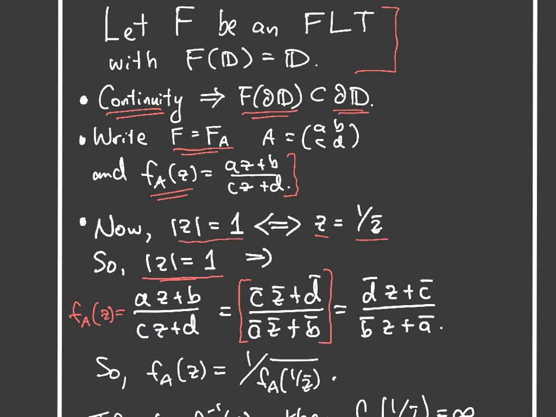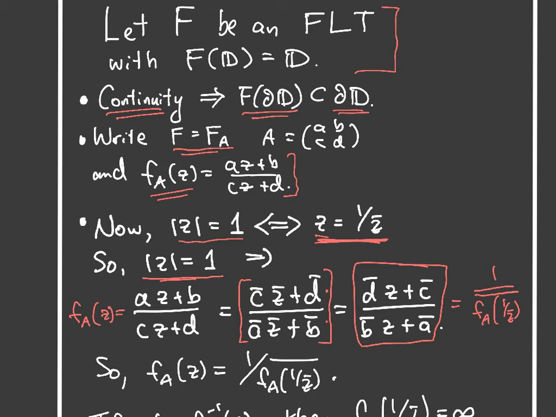But if z is on the unit circle, then we have this property, so I can multiply through the top and bottom by z to get that it's of this form. And this is actually equal to 1 over the conjugate of f of 1 over the conjugate of z.